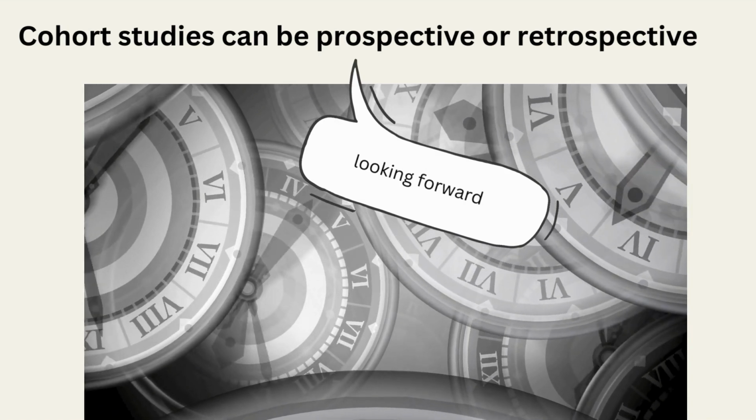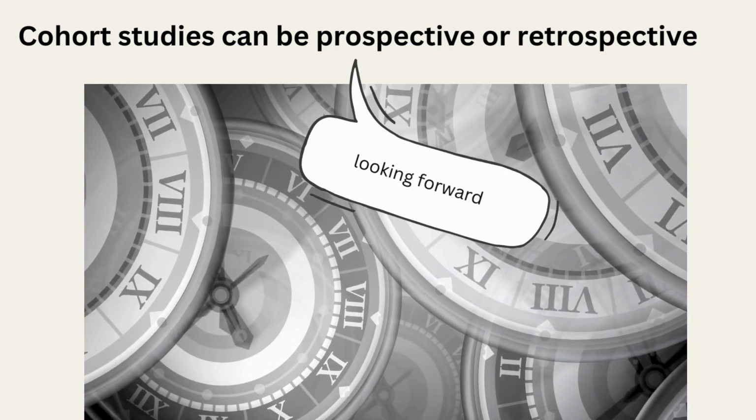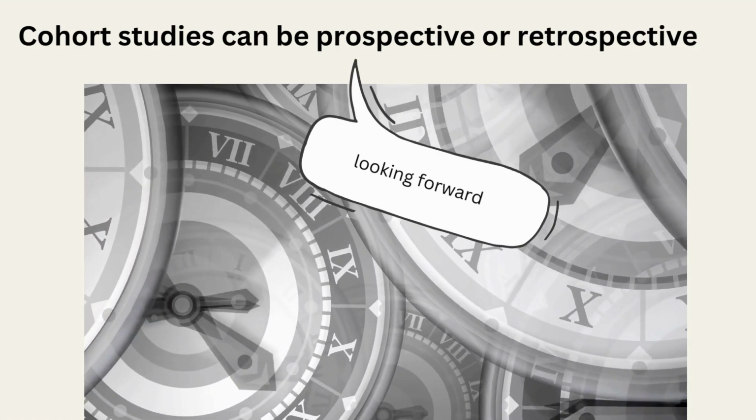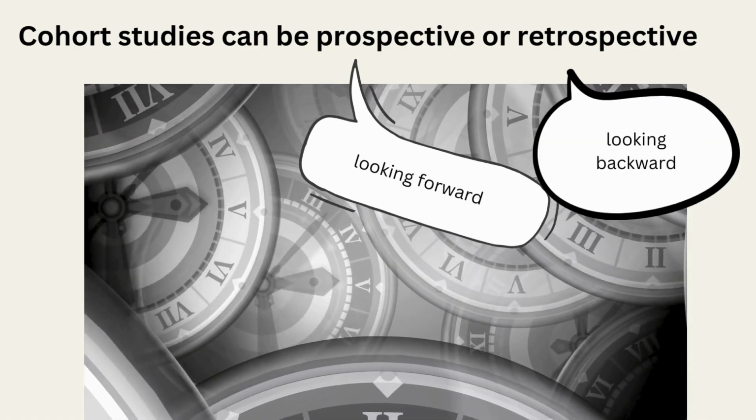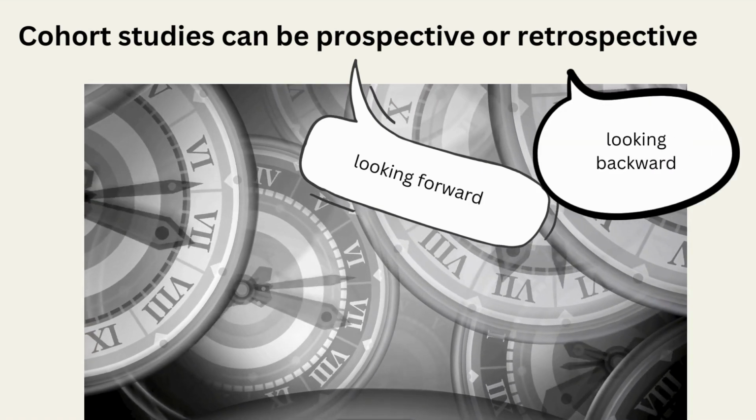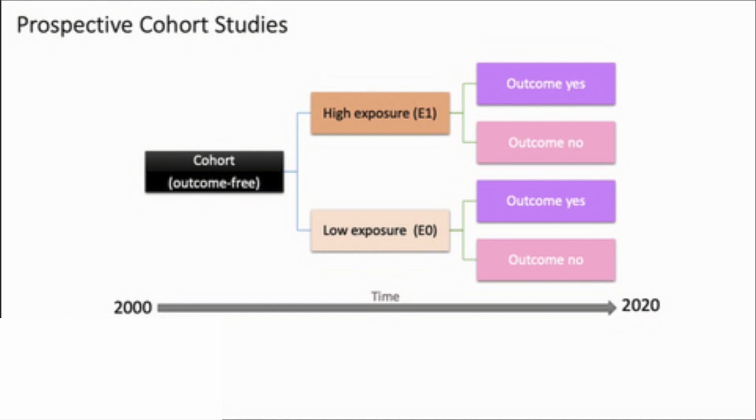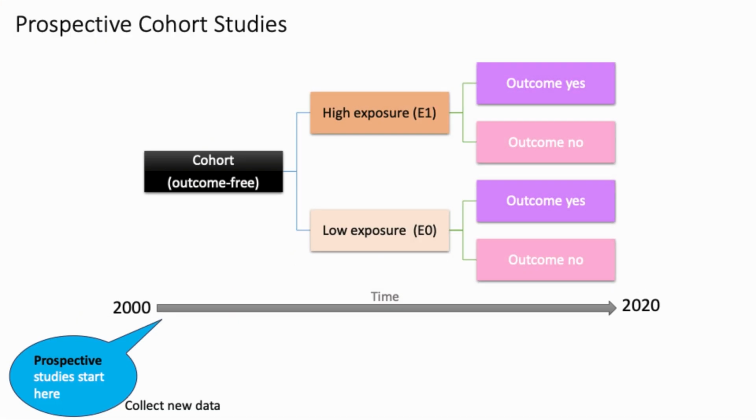Unlike experimental studies, which are always prospective, cohort studies can be prospective, meaning looking forward, or retrospective, meaning looking backwards. Here's a simplified flowchart of a cohort study, starting with outcome-free participants, classifying them by their exposure status, which is happening in the real world, and then categorizing them according to who in each exposure group has the outcome or not.